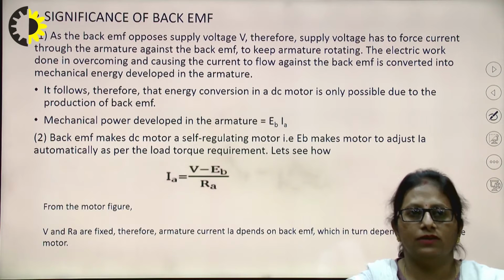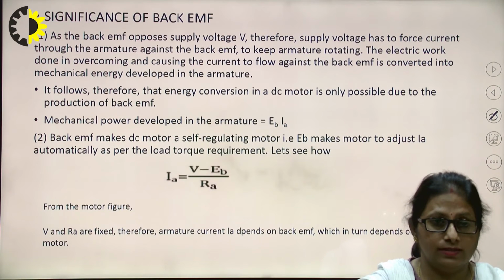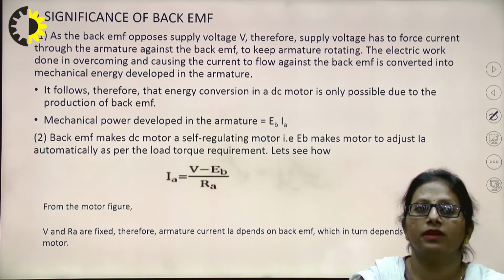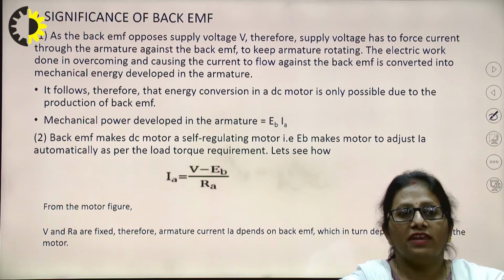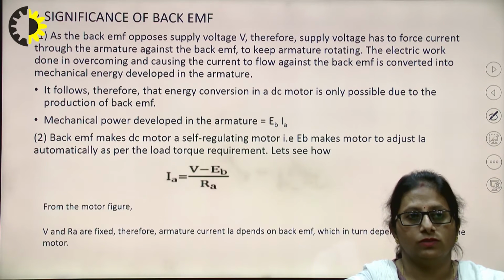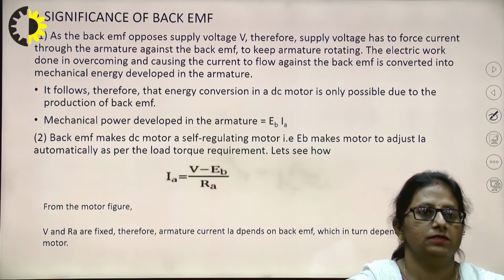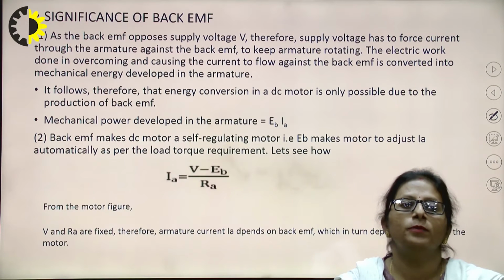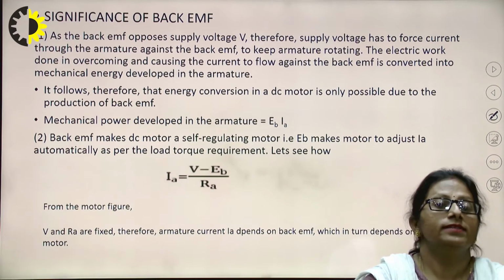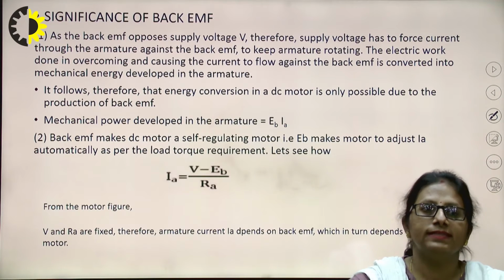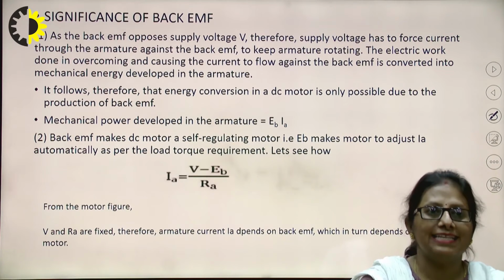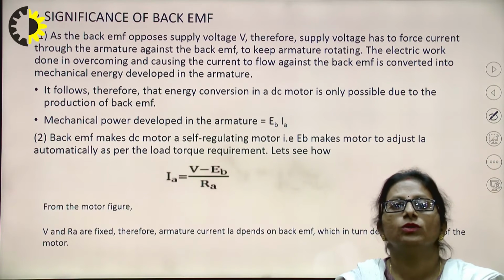Now, what is its significance? Do we really require this generating action to be there after the motoring action? So the very first significance is that the back EMF opposes the supply voltage. Therefore, the supply voltage has to force the current through the armature against this back EMF to keep the armature rotating.